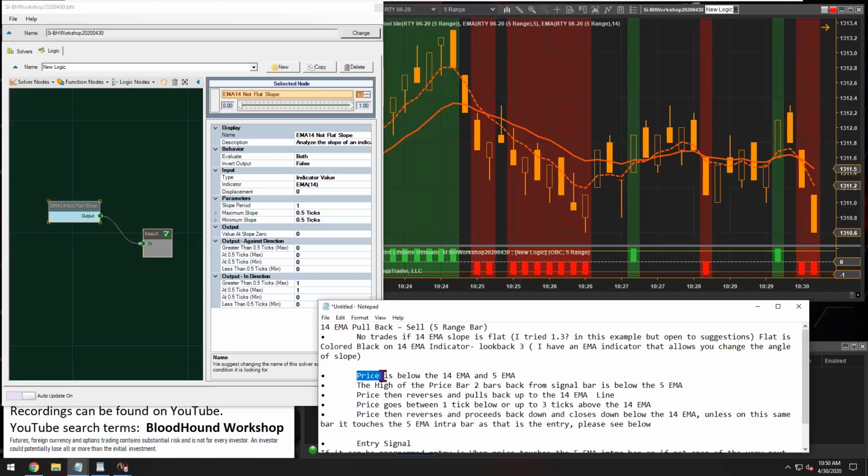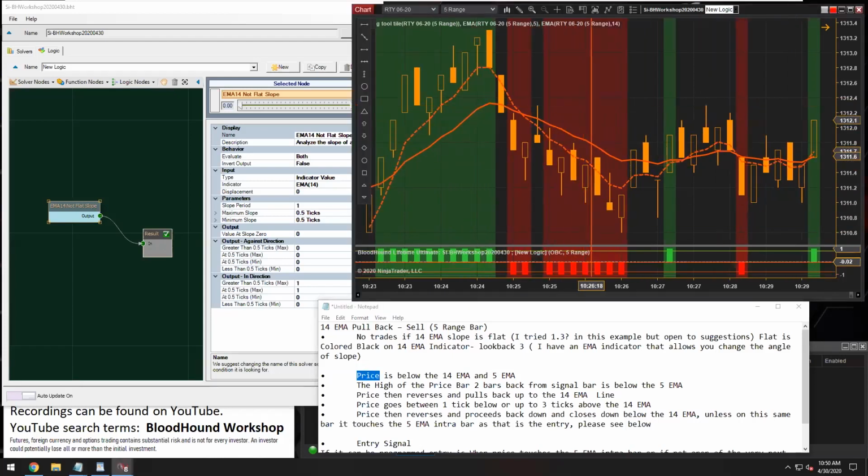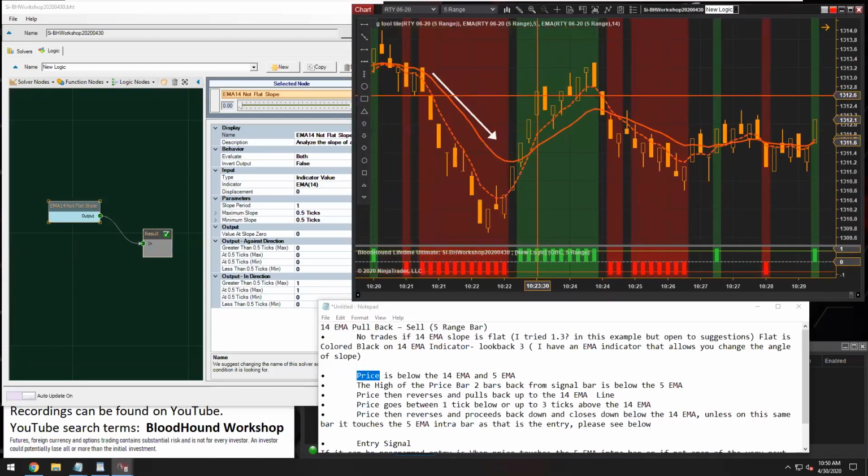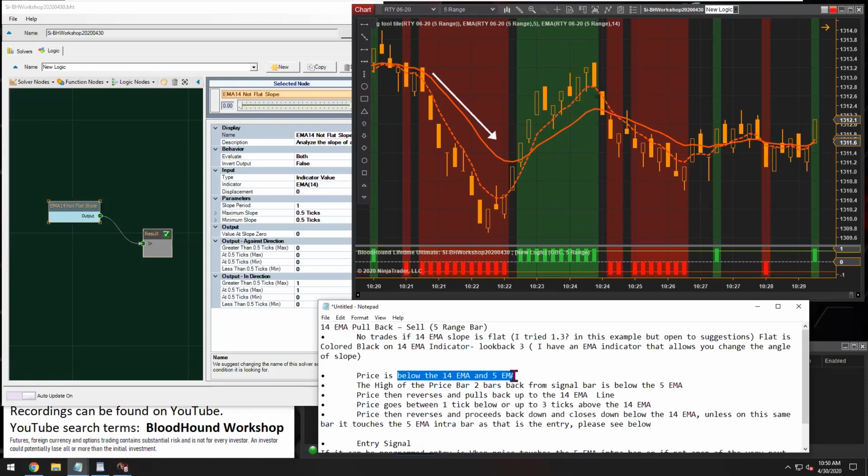Unless I'm told otherwise, I will interpret price as just being the close of the bar, right? Because that is what charting is really all about, the closing price. All indicators use the closing price of the bar. So let's just make sure that the close of the bar is below the EMA14 and EMA5, right?